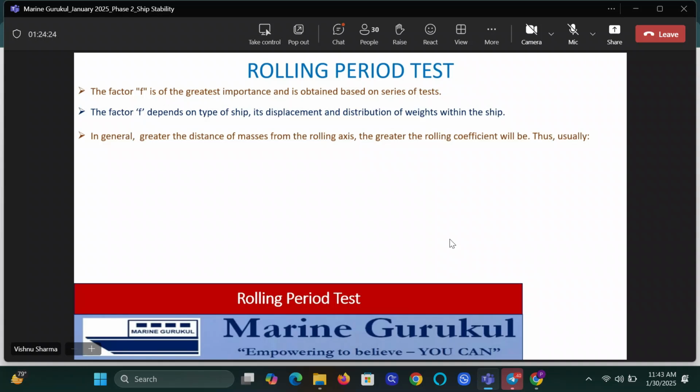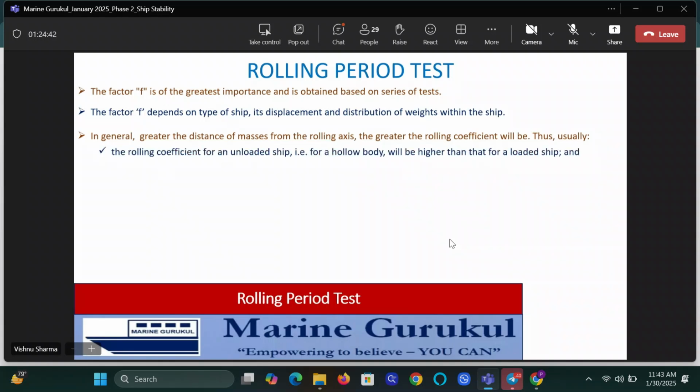More, sir. More. Okay. And if radius of gyration is more, then time period, the rolling coefficient will be more. So in general, greater the distance of the masses from the rolling axis, greater will be the rolling coefficient. Why? Because the radius of gyration will be more.